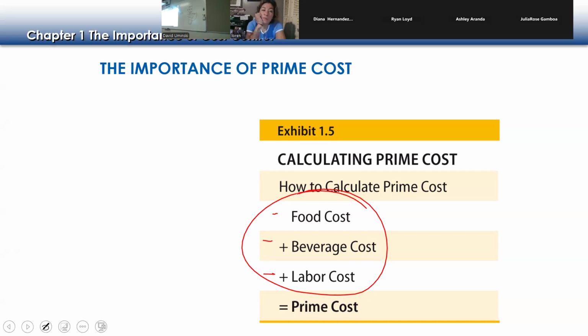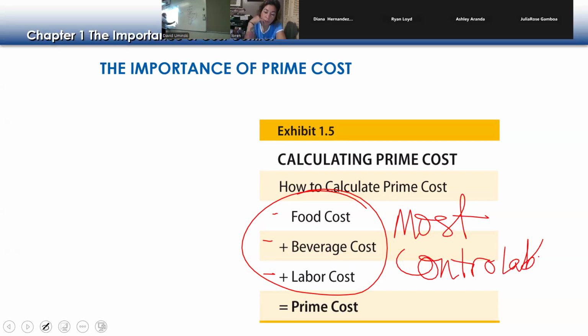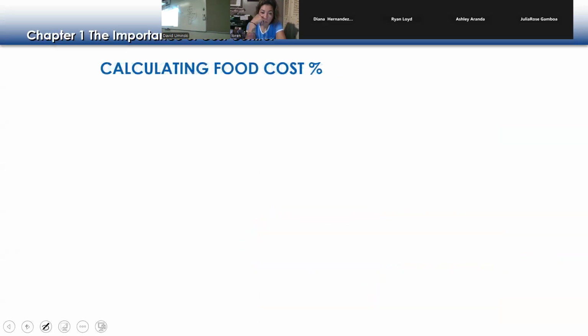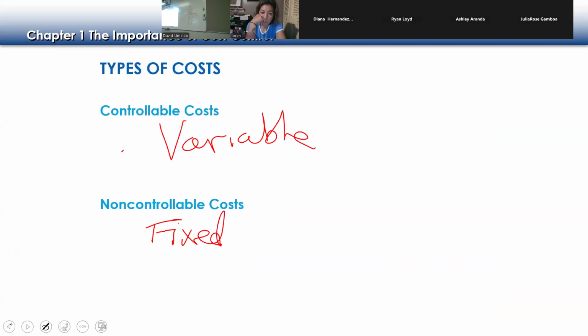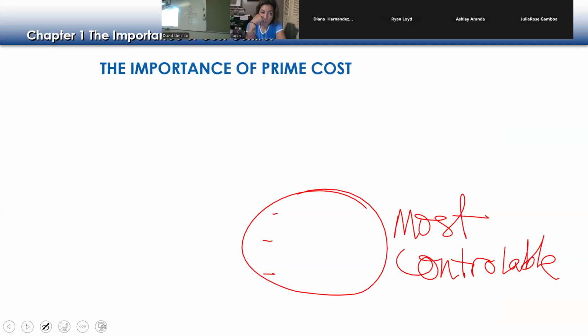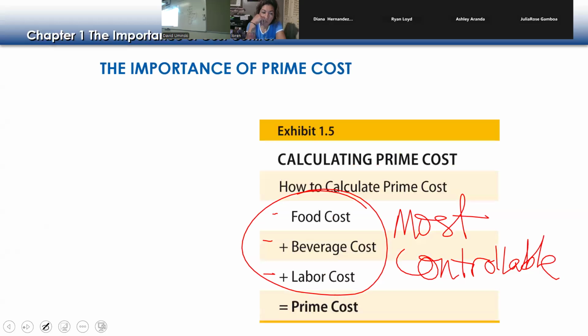The reason why this is what we call our prime cost is because these are our most controllable costs. Did I spell that correctly? Controllable. Is there two L's? Yes, there is. Let me add an L right there. Okay. So it's our most controllable costs.